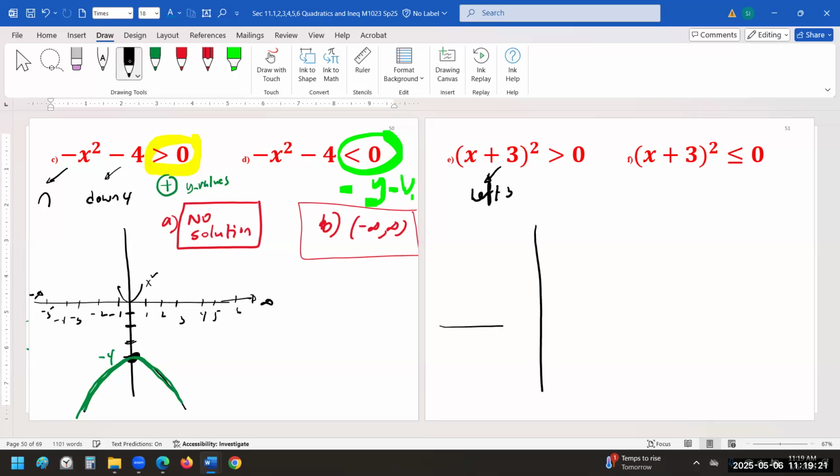So this is the original one, x squared. We are shifting this original one 1, 2, 3 units to the left, and we are drawing here. Take the original parabola, shift 3 units to the left.